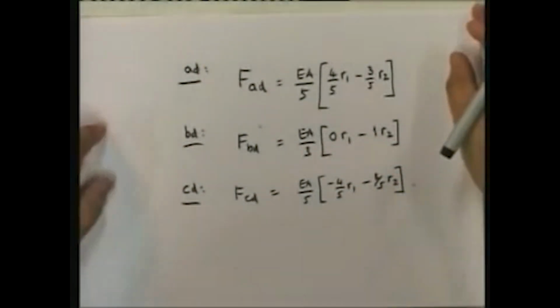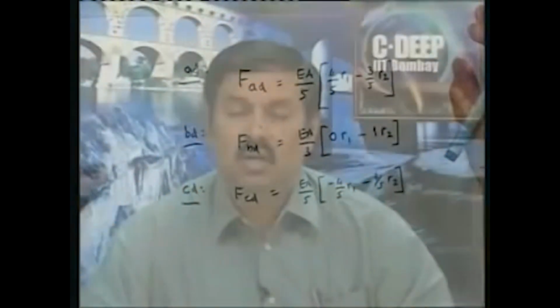Okay, so these three expressions give me the forces in the members AD, BD and CD in terms of the displacements corresponding to the degrees of freedom. Okay, so once I have those, then what's the next step?